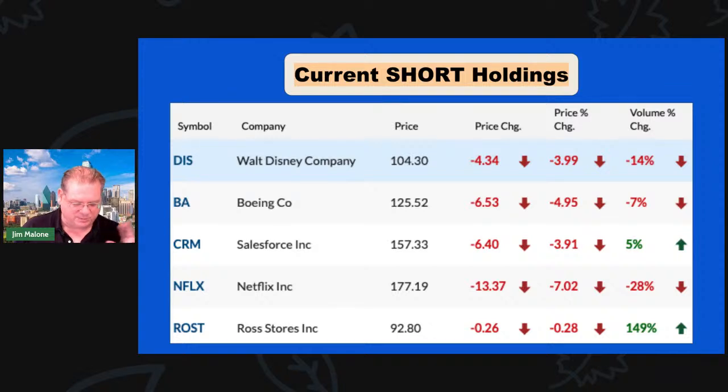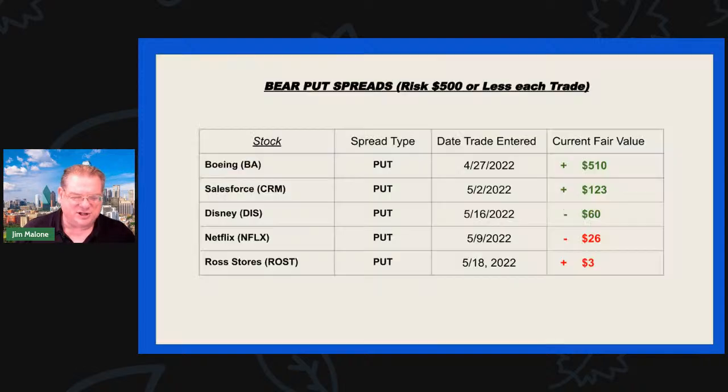Now, on the other flip side of this, I do have a short portfolio, and in that portfolio, I have a number of stocks: Disney, Boeing, Salesforce, Netflix, and Ross Stores. Now, these stocks were all down today, which will benefit a short portfolio. Here's the way it looks with the spreads that I have currently on.